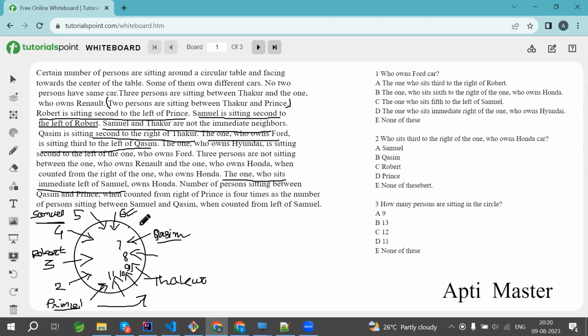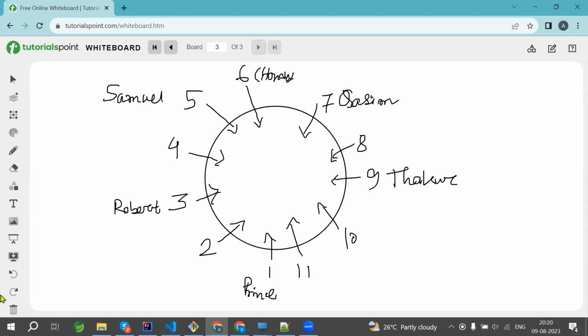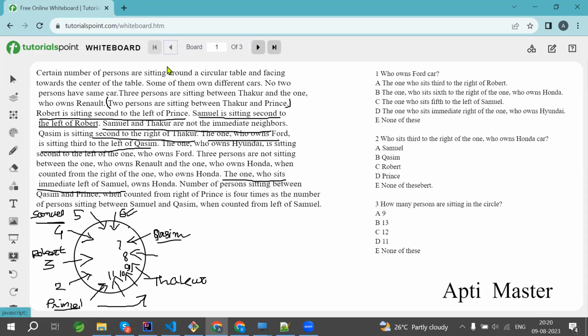Third to the left. What is the left of Qasim? This one. So 1, 2, 3. That means the one who sits at 10 owns Ford. Okay, as it is the third to the left of Qasim. So this person owns the Ford, right? Okay.